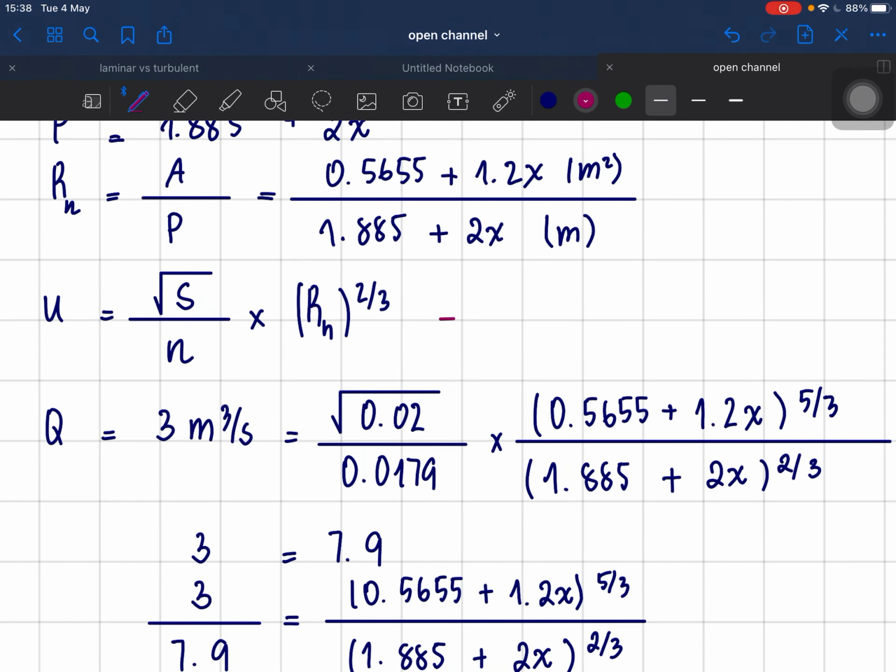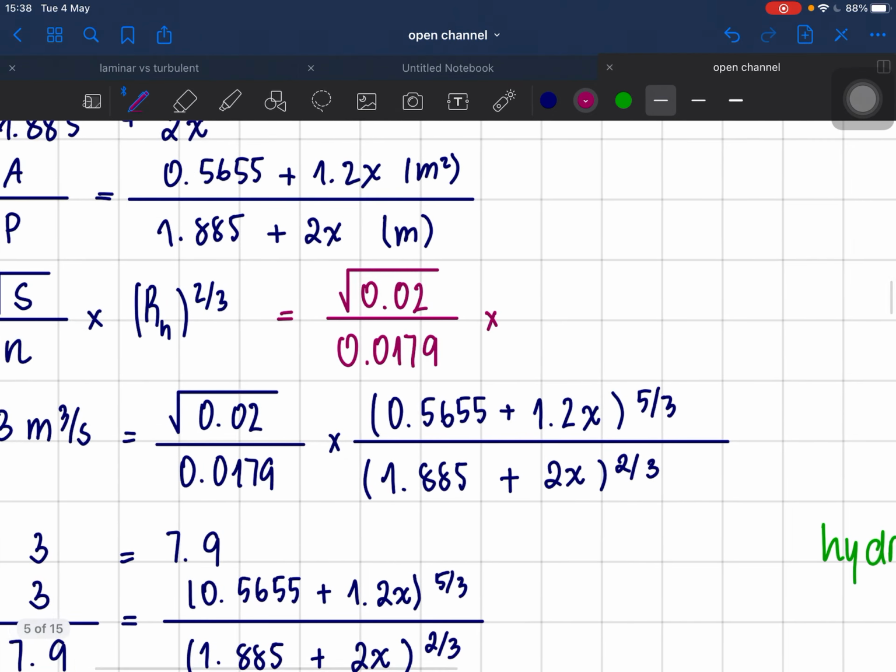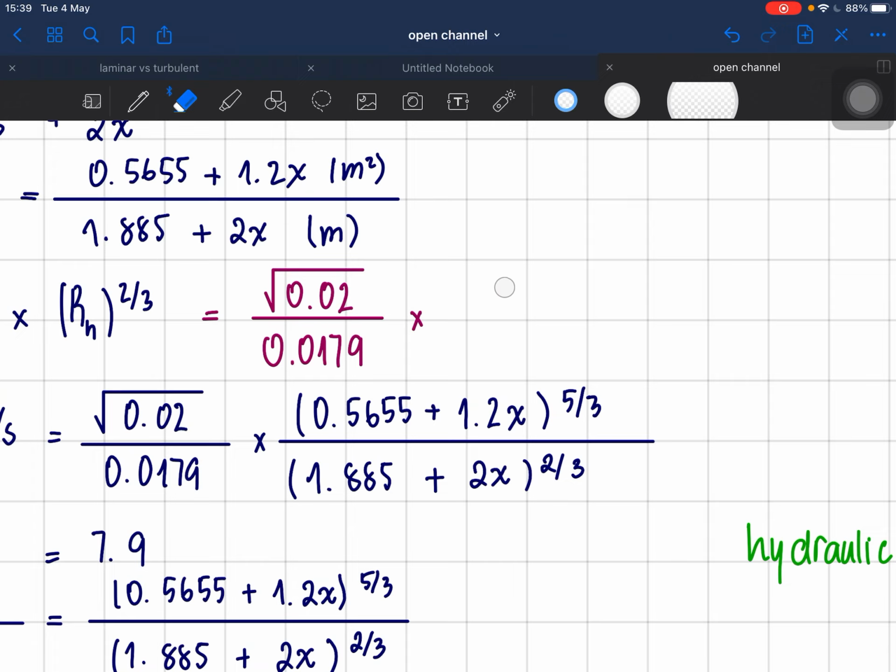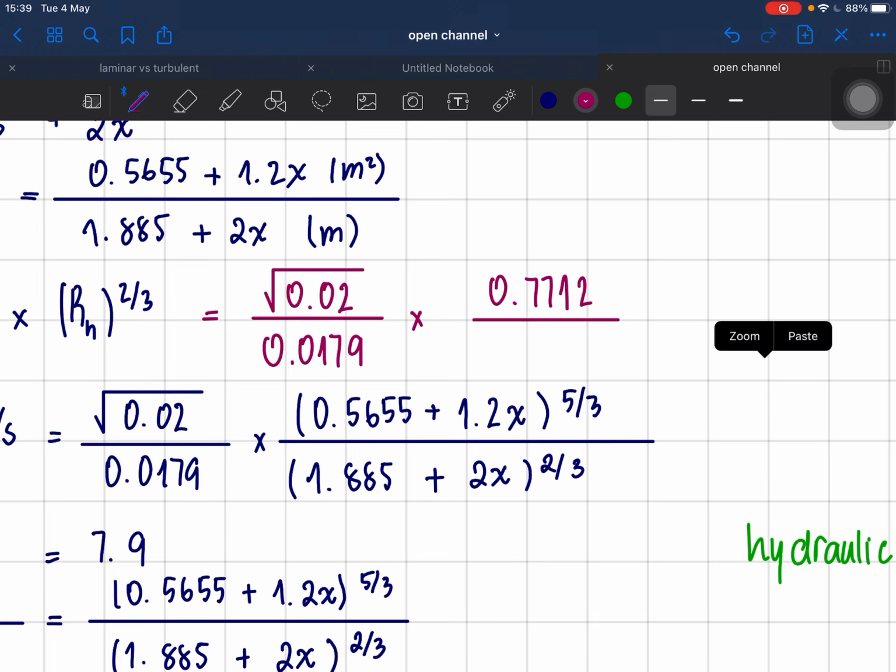Okay, so I'll use this number. 0.02 over 0.0179 times 0.5, just got it earlier, 0.7712, to the power of 2 over 3.